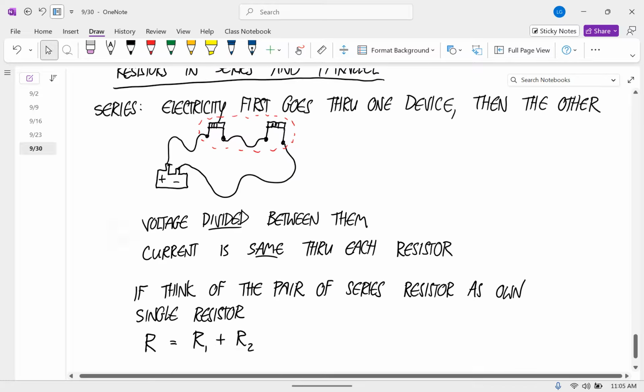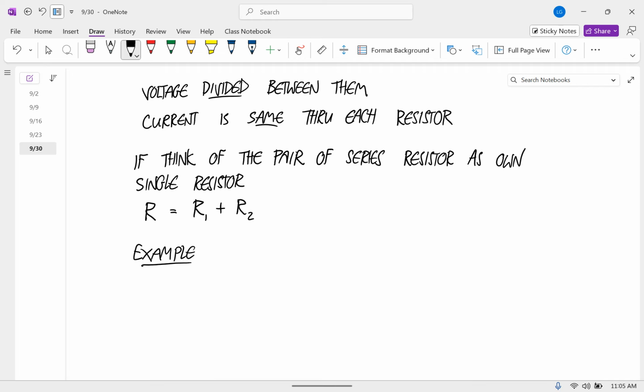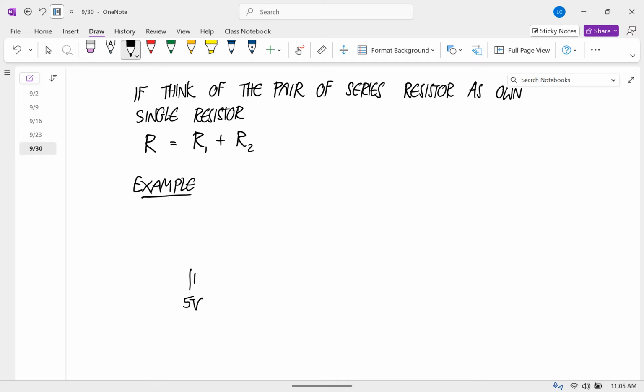Okay, so let me do an example of how we could use this. Let's say that we have a battery that's 5 volts and it's connected to a resistor there and a resistor there. Let's say that this one is 500 ohms and this one is 200 ohms.